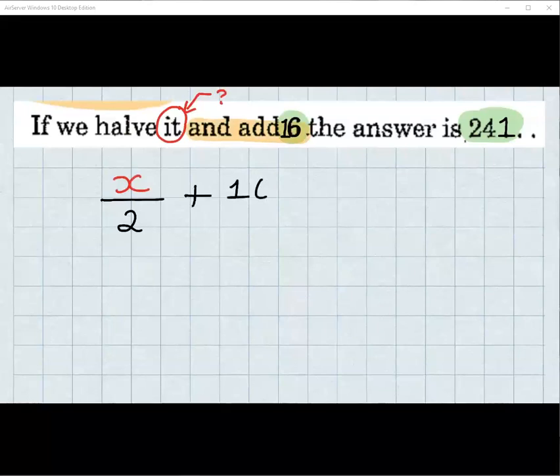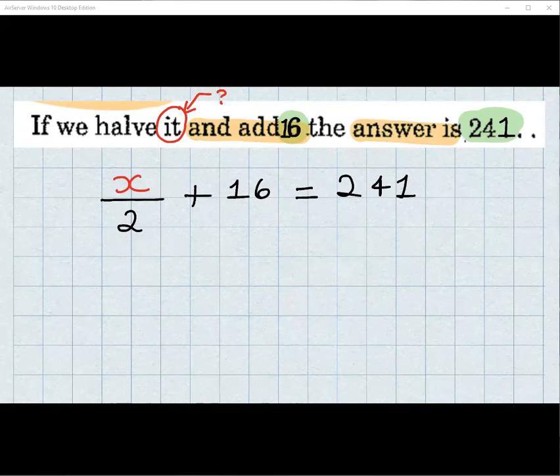You're literally translating the English into maths. And what about the next bit? And what's it mean by the answer is? It is equal to 241. Beautiful. So you have now translated the English sentence into mathematical symbols, and you've done a very good job.